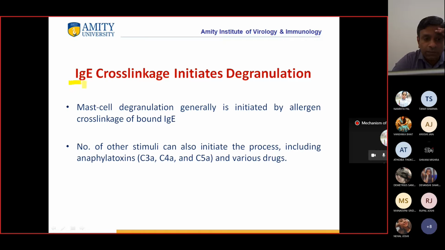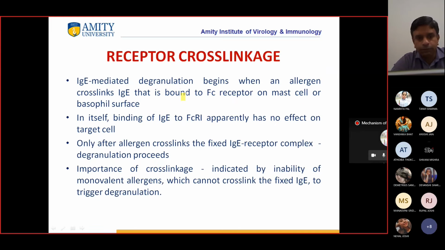we have IgE. Now, this IgE must be cross-linked, okay, to initiate degranulation. Okay. Now, see what happens here. Through IgE, there should be receptor cross-linkage.